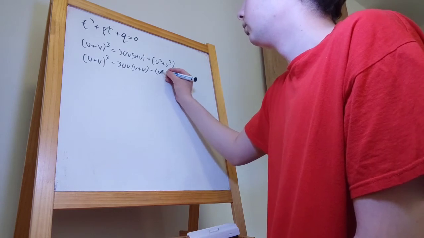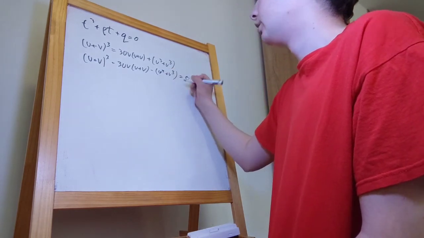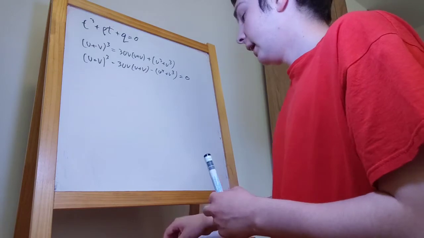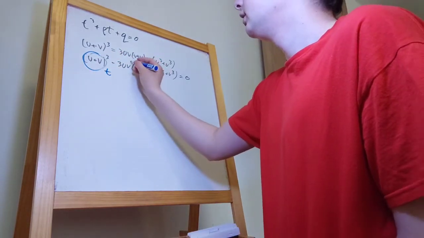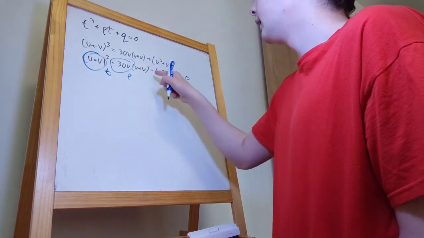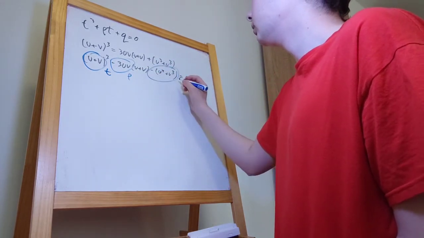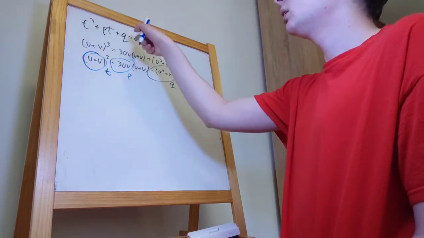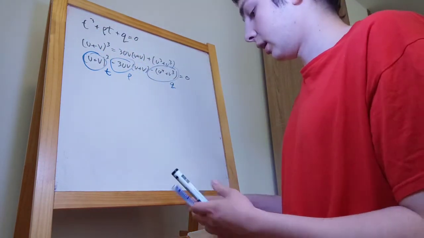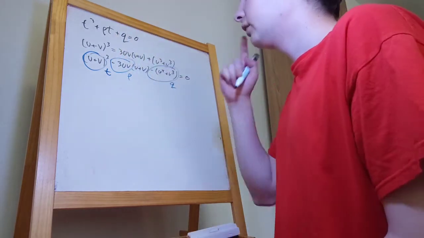That is equal to 0. And next, we take u plus v to be t, minus 3uv to be p, and minus (u cubed plus v cubed) to be q. And that's exactly our simplified equation.